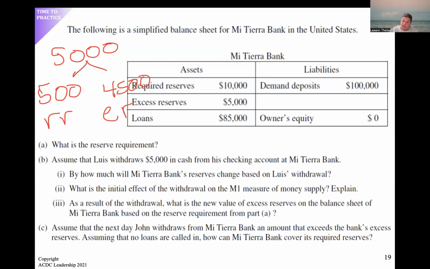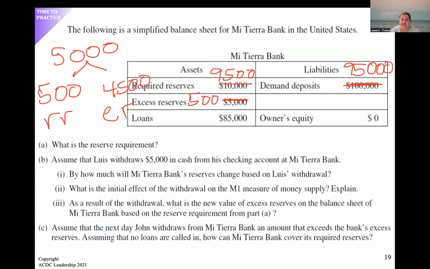So his required reserves are going to decrease by $500. So that means we have 9,500 in required reserves, and the $4,500 that's going to come out of excess reserves, that means all he has left in excess reserves is $500. And this is going to change to 95,000.